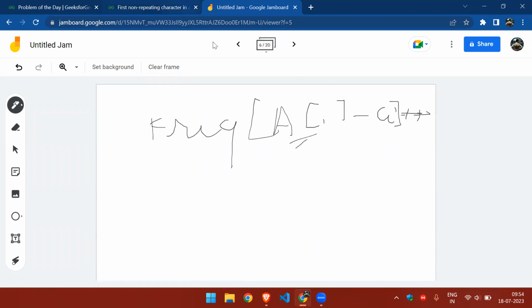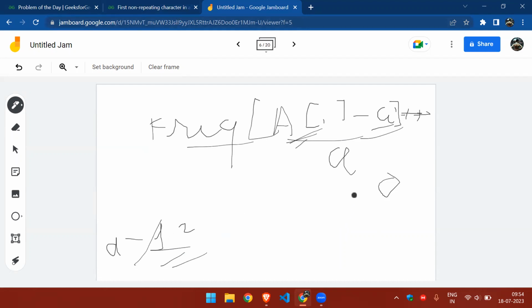So first A comes in, and 'a' minus 'a' is 0, so the frequency at the 0th index will be incremented to 1. A's frequency becomes 1. Now again A comes in. 'a' minus 'a' is again 0, and it was previously 1, so it will be incremented to 2.